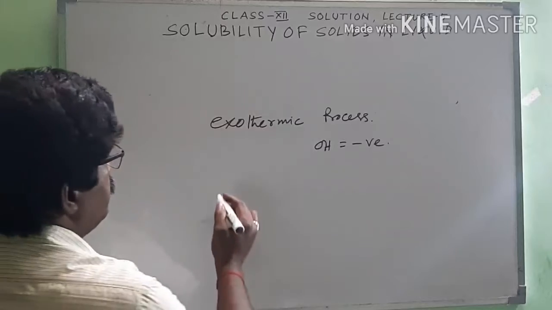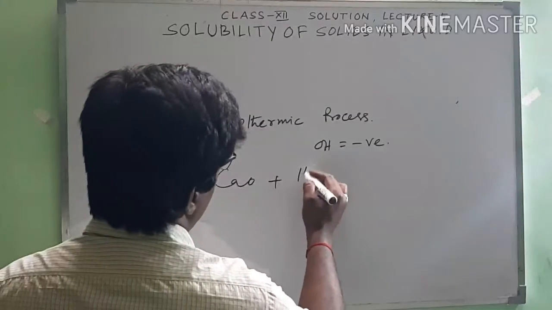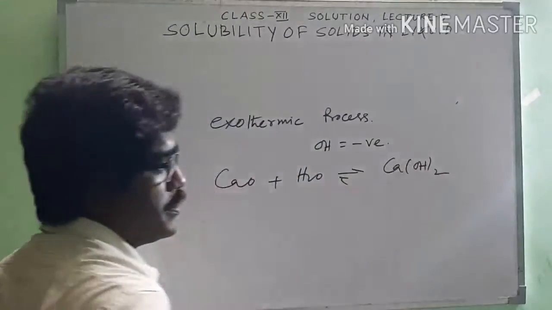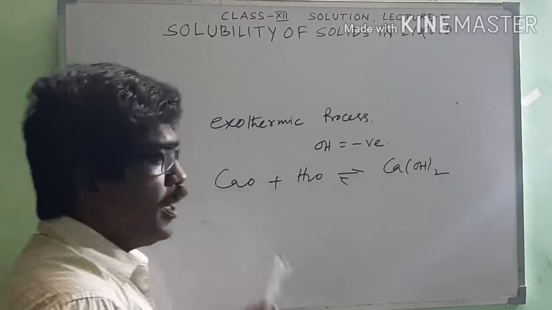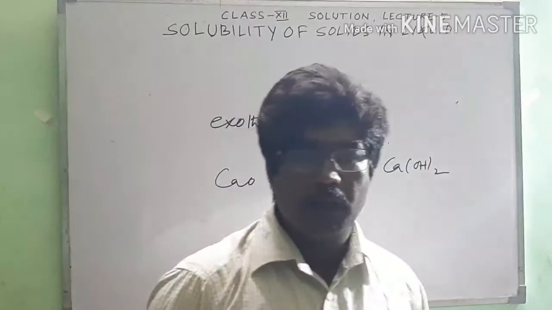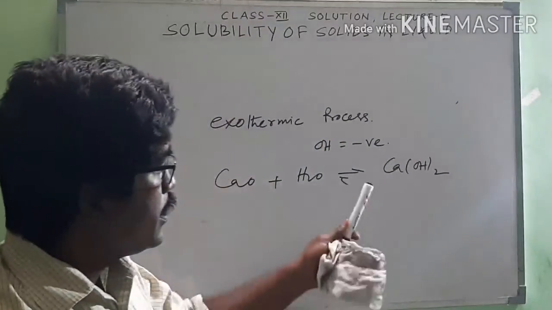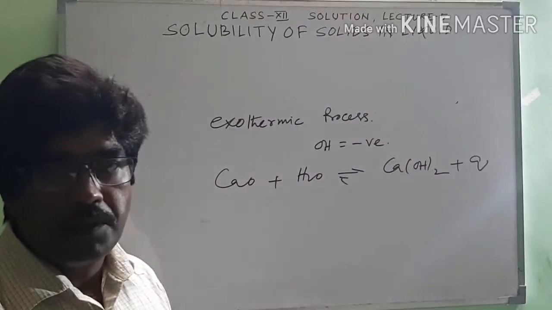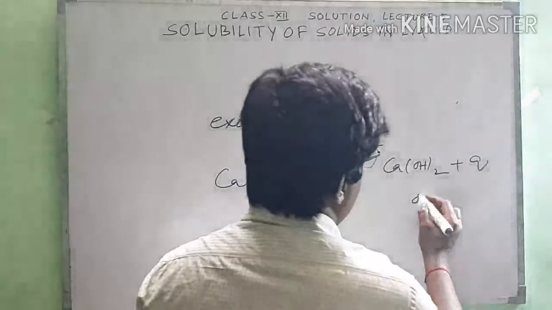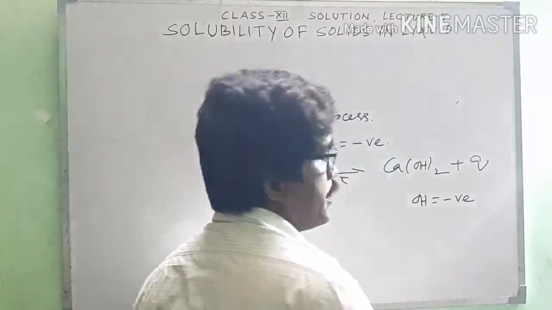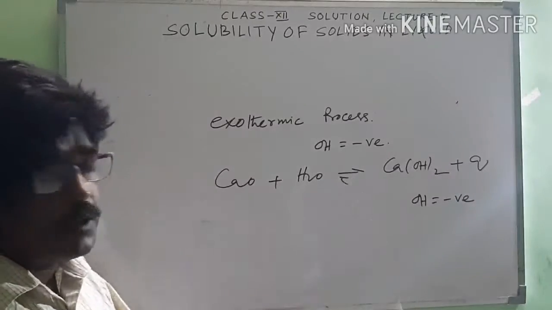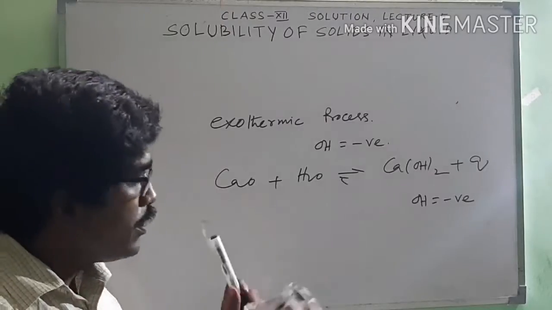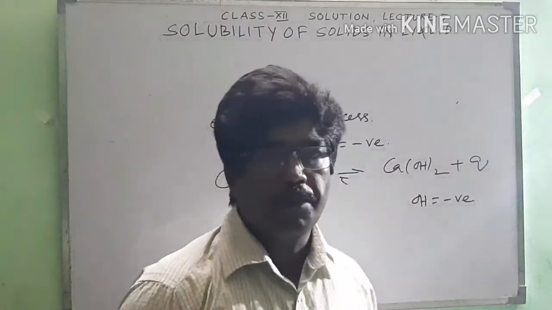Let us take an example. CaO plus water gives calcium hydroxide. If we add water to calcium oxide, then calcium hydroxide is formed and some amount of heat is evolved. This process is exothermic. In this case, the forward reaction is exothermic, so the backward reaction is endothermic.